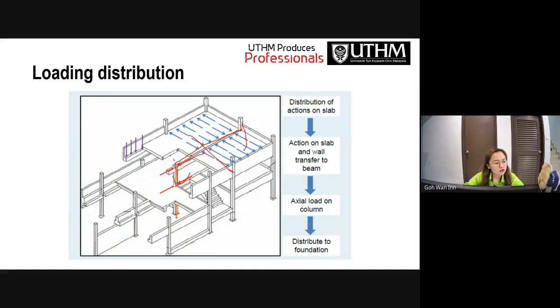Half will go to here, half will go to here, if it is simply supported. So you will transfer it to the column. After this floor, you will get more load from another floor, also transferred to the same column. So the column will get the load from each floor and then distribute it to the foundation.